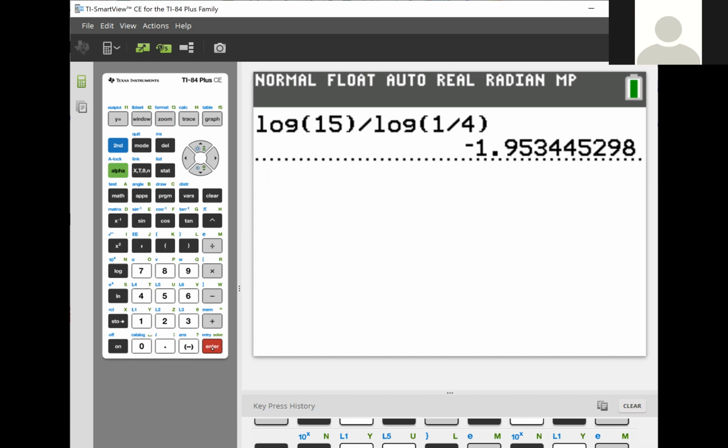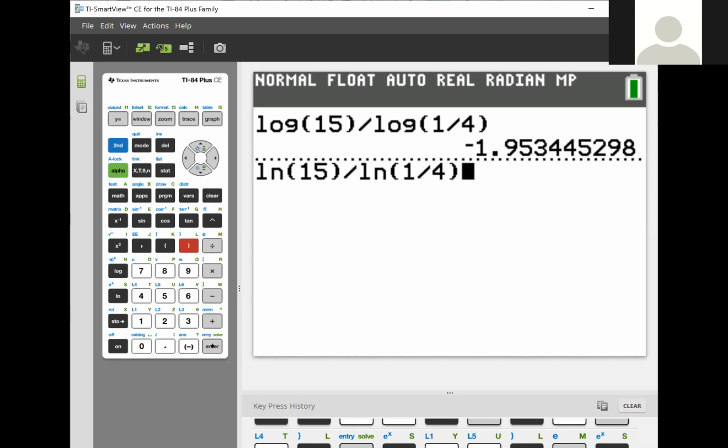Again, just showing that this does work with the ln function as well.